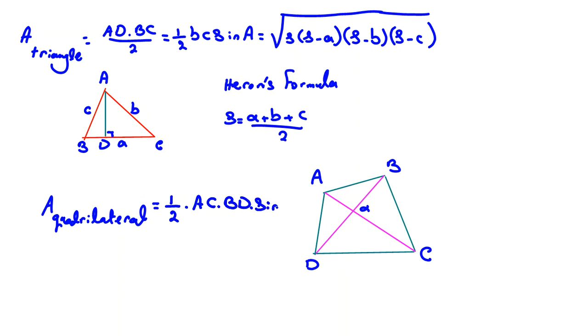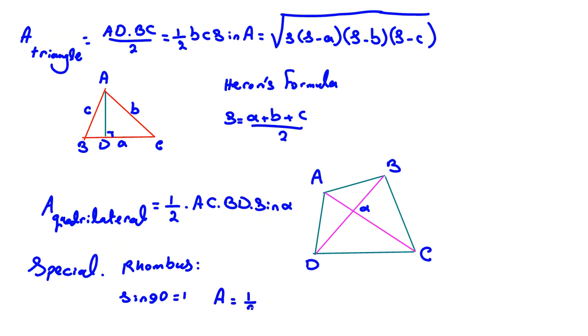Okay. For example, a special case is when we have a rhombus. Sine alpha, sine 90 is 1. So the area is 1/2 times AC times BD. Product of diagonals over 2.